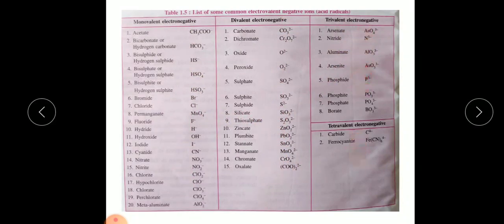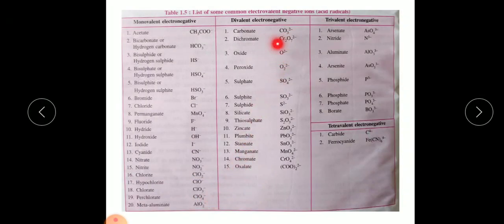In monovalent we have acetate CH3COO minus, bicarbonate, bisulfide, bisulfate, bisulfite, bromide, chloride, permanganate, fluoride, hydride, hydroxide, iodide, cyanide CN minus, nitrate NO3 minus, nitrite NO2 minus, hypochlorite, chlorate, perchlorate, meta-aluminate.